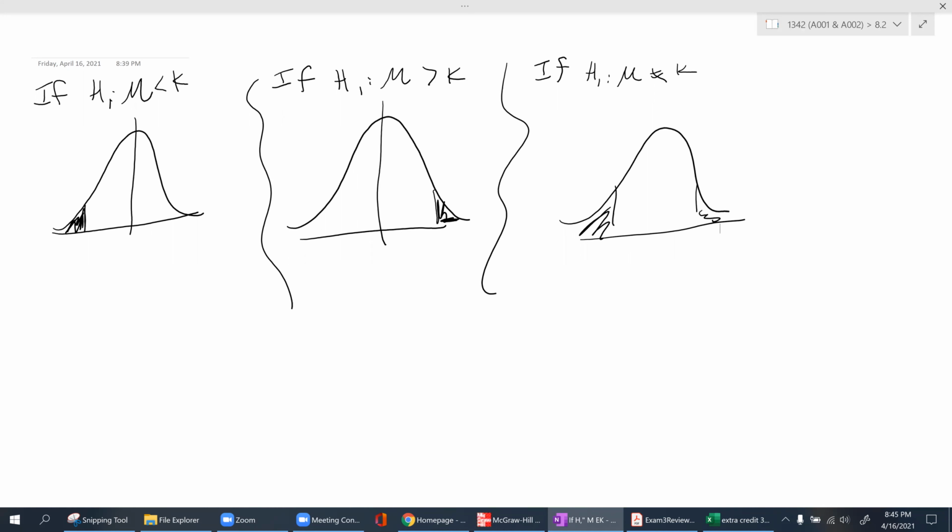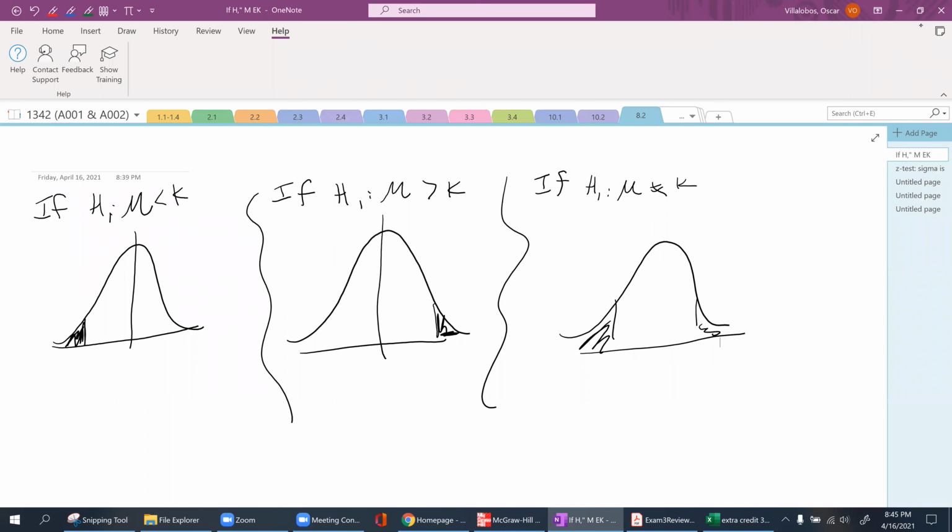If your alternate hypothesis is mu greater than a k value, it's going to be to the right. And last but not least, if your alternate hypothesis is mu does not equal that k value, it's going to be a two-tail test.